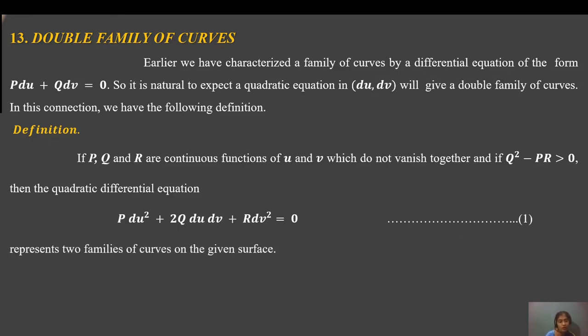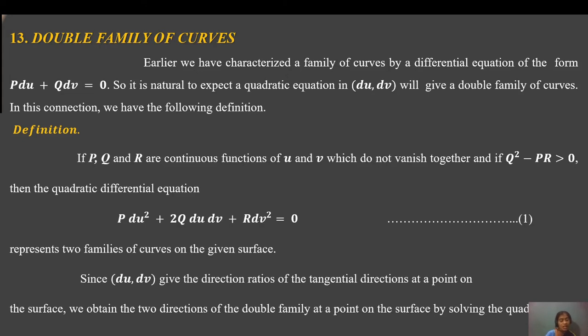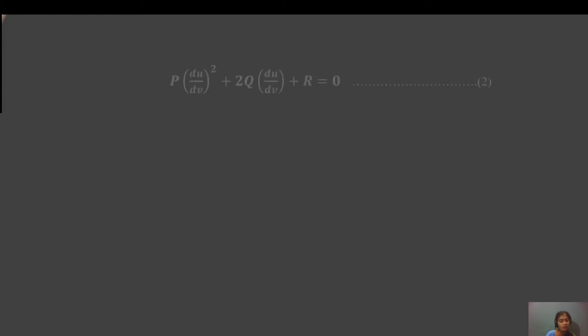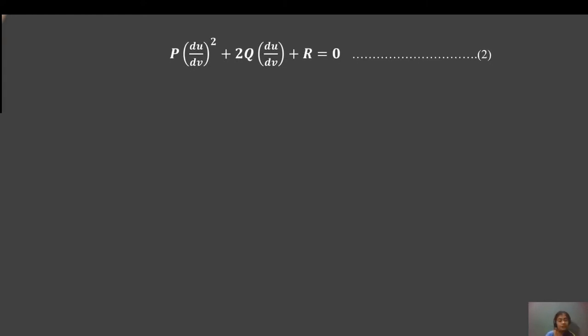Two families of curves on a given surface are given, where du dv gives the direction ratio of the tangential direction at a point on the surface. We obtain the two directions of the double family by solving the quadratic equation: P (du upon dv) square plus 2Q (du upon dv) plus R equals 0.